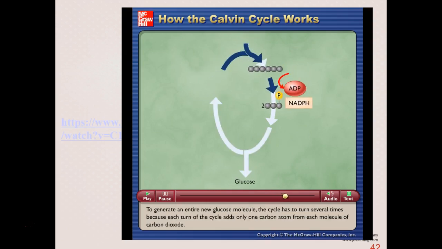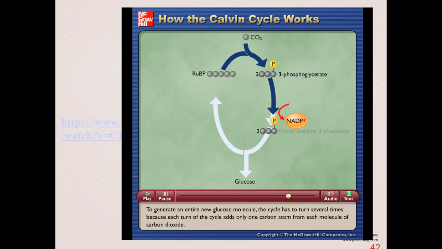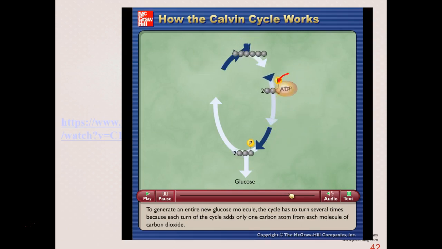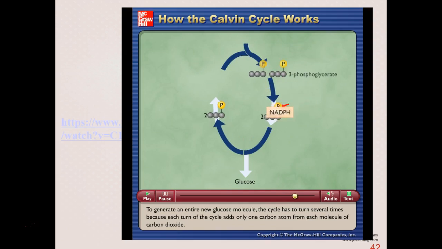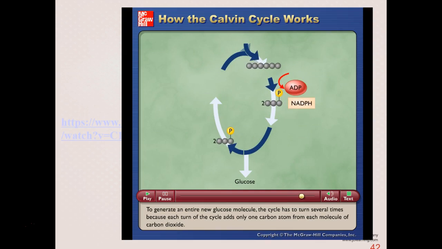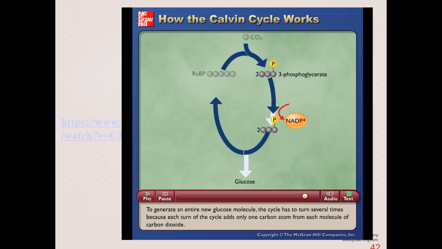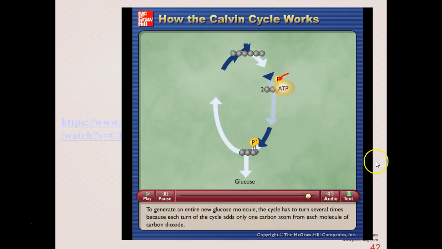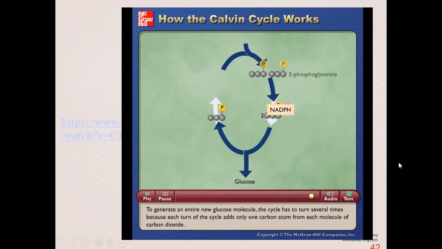To generate an entire new glucose molecule, the cycle has to turn several times, because each turn of the cycle adds only 1 carbon atom from each molecule of carbon dioxide. So that means it has to turn 6 times because glucose is a 6-carbon molecule.